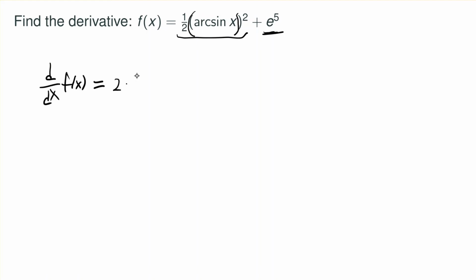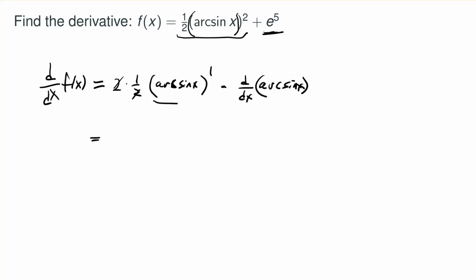So we do 2 times 1 over 2, entire thing to the 1 power, arc sine of x. Multiply by derivative of arc sine of x. Like this. So then this one just cancels out. So this is just arc sine to the first power, which is just arc sine.